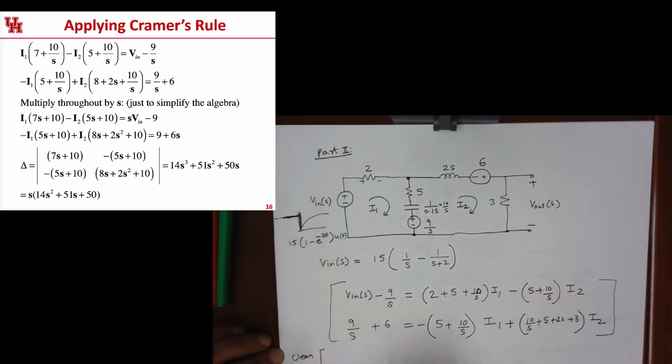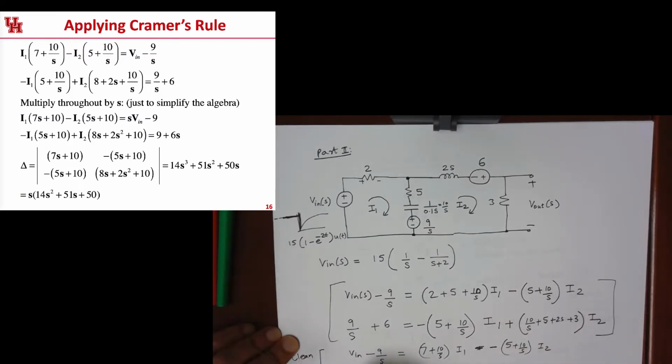Okay. So for the first equation, it's going to be Vn minus 9 divided by S equals (7 plus 10 over S) times I1 minus (5 plus 10 over S) times I2.